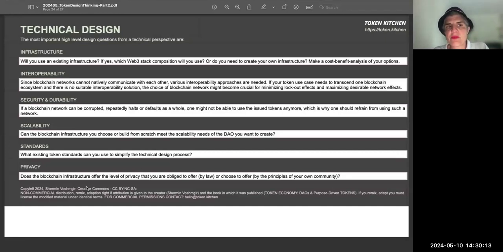Interoperability questions are very important, especially, for example, in DeFi, right? Since blockchain networks, unfortunately, as you know, cannot natively communicate with each other, various interoperability approaches are needed.